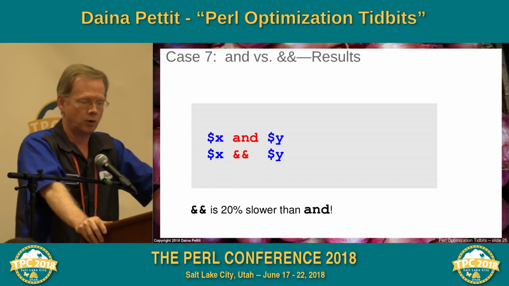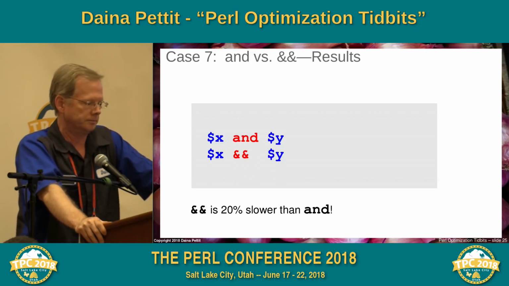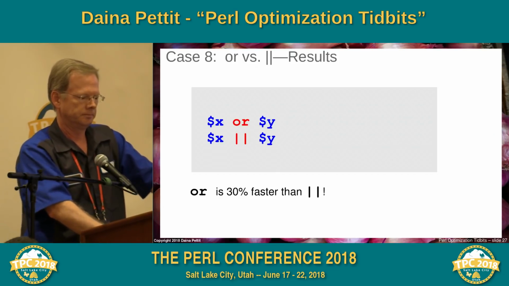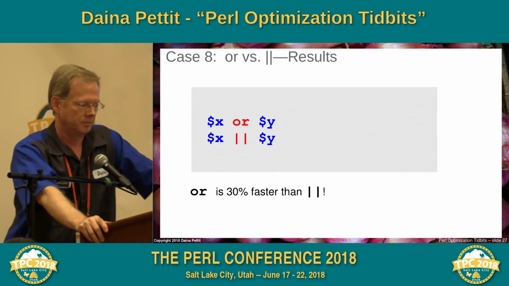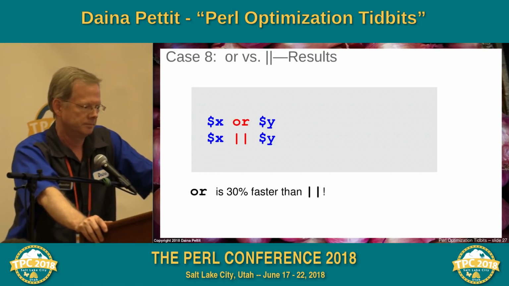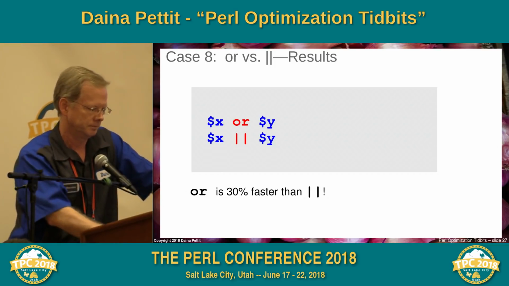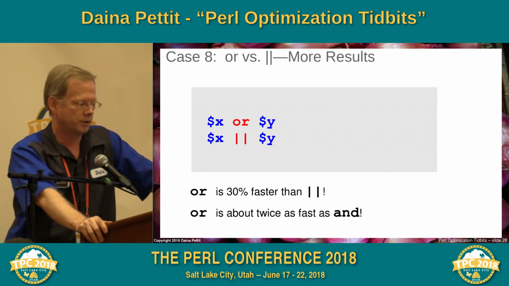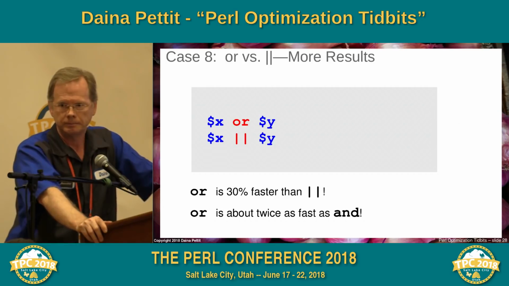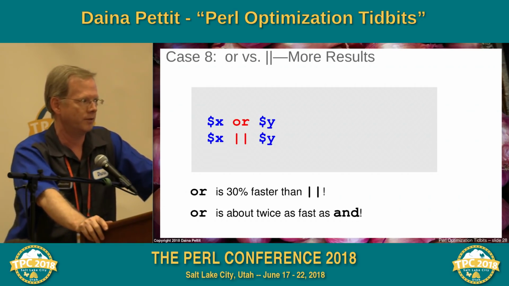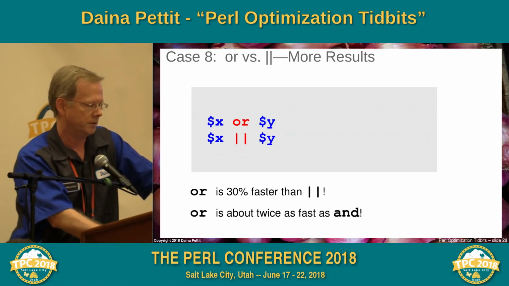So just be aware that the verbal and is a little bit faster. How about an or? Again, the verbal or is faster. And it turns out that the or is actually twice as fast as an and. Now, it's hard to compare some of these things because you have to make sure the cases are equivalent.